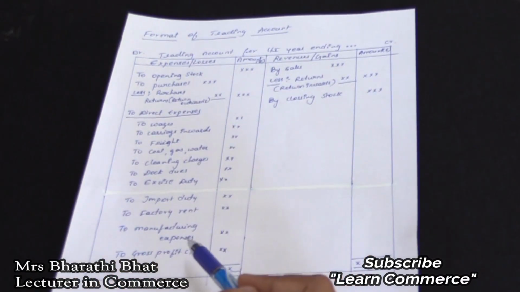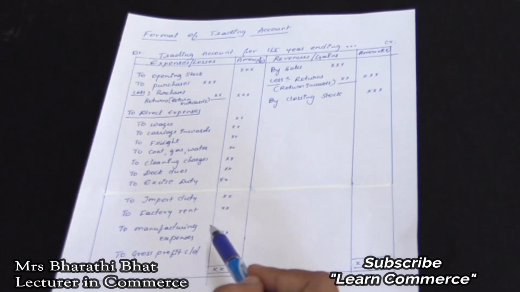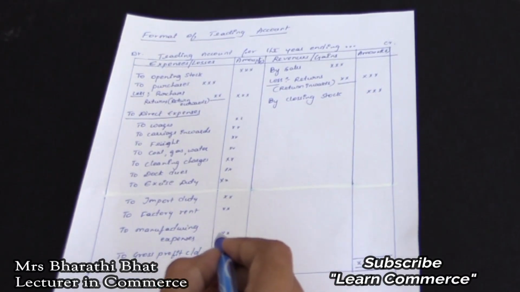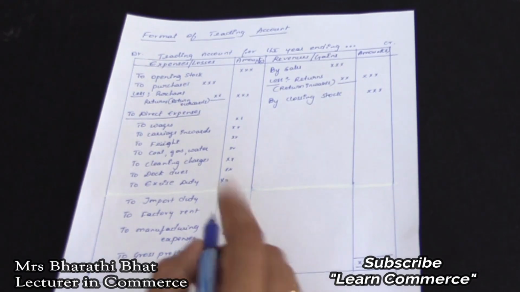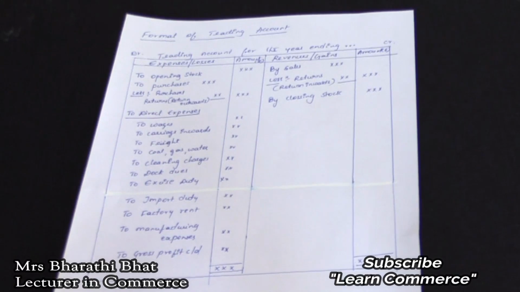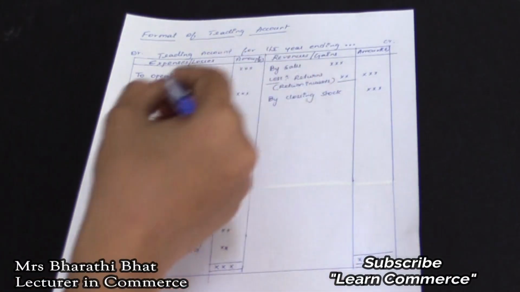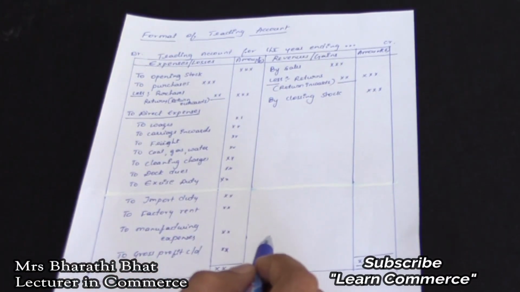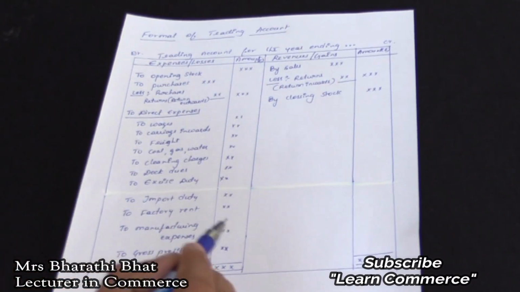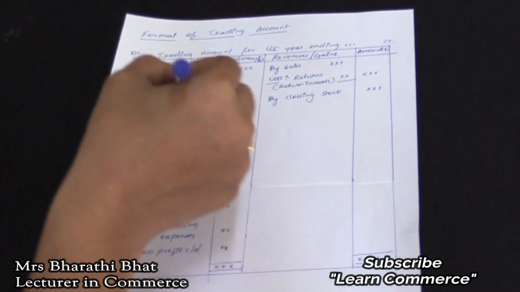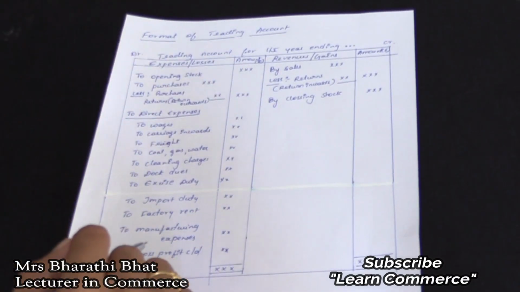All these are called direct expenses, and for easy understanding we can remember one point: all manufacturing related expenses are recorded in this trading account. All the expenses that arise when manufacturing, that is, factory related expenses, are recorded in this trading account.